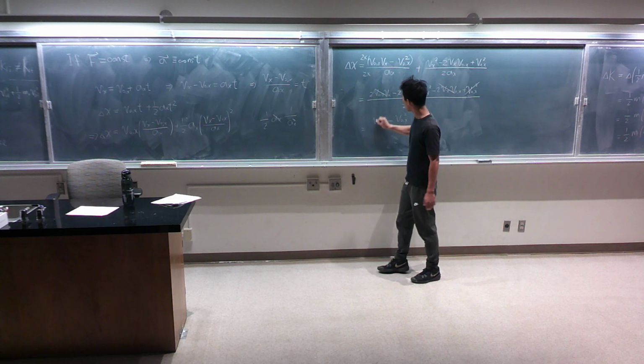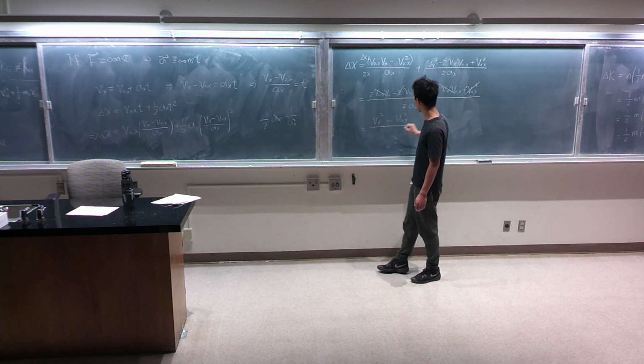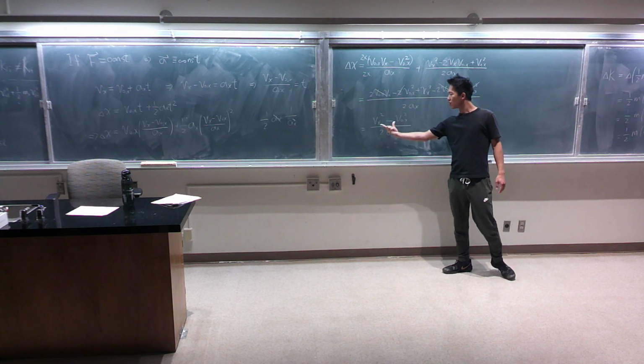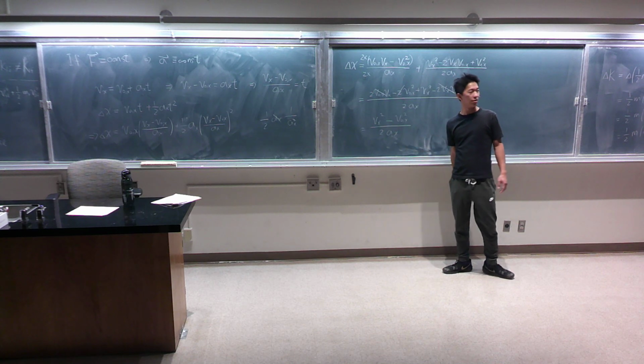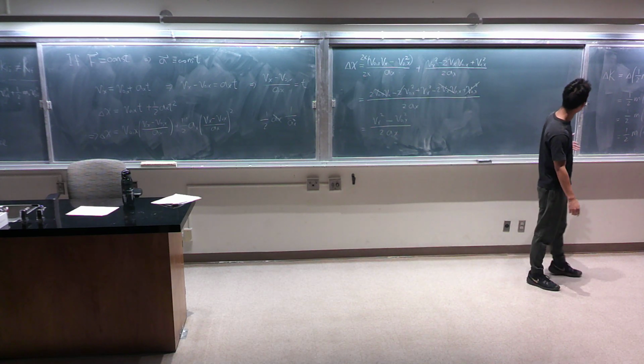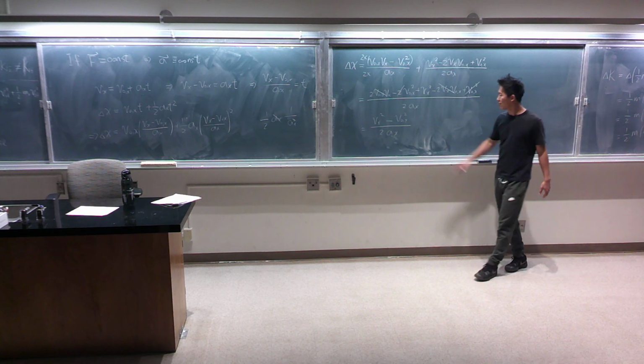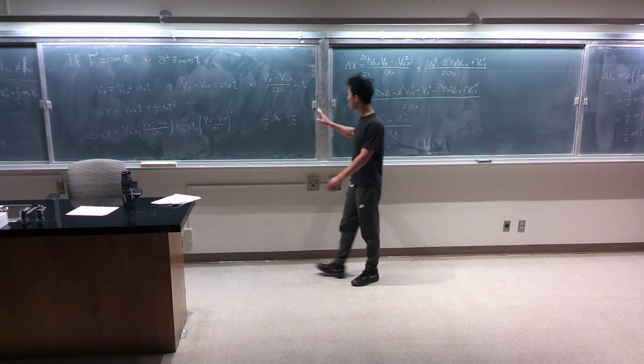So this term is just Vx squared. And I get something I want. This is the change of x plus t squared, which is a part of the change of kinetic energy. So this is what I want. Okay?